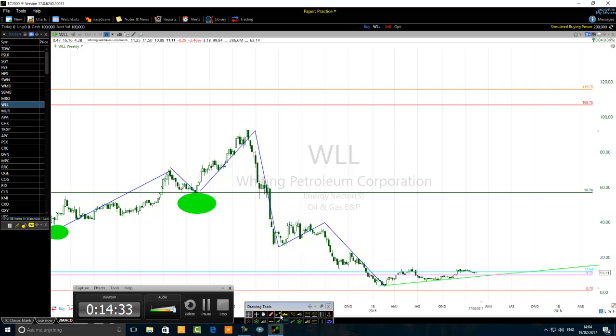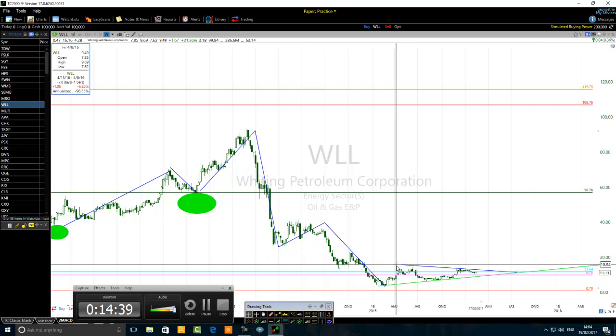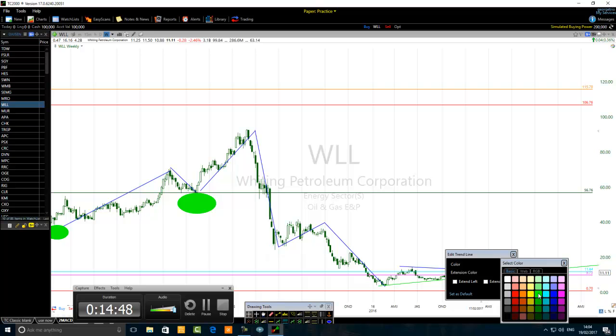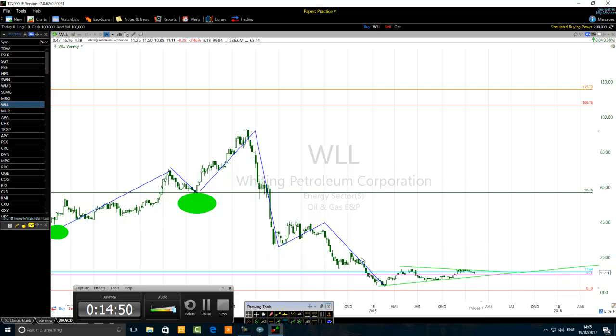I want to mention also on the weekly chart, there's this small triangle. I like the triangle very much. If you are trading and you don't pay attention to the triangle, they are beautiful because they give us a warning that anything is possible. And they don't lie at all. So all we need to do is be a little bit patient as the triangle is telling us that anything is possible.